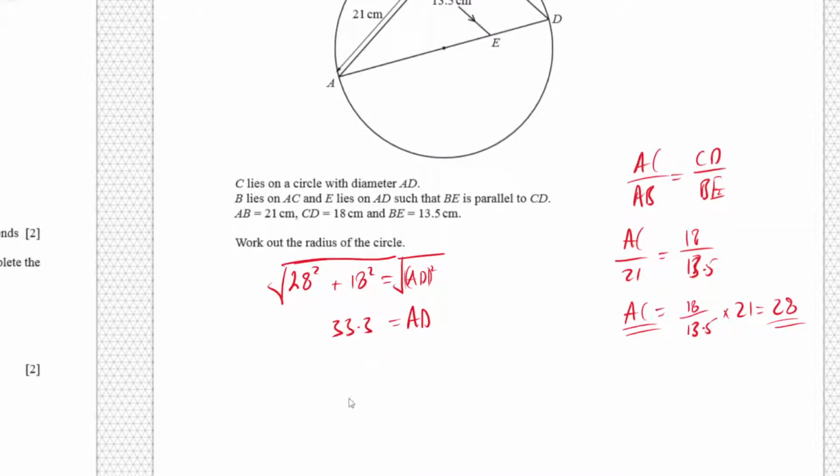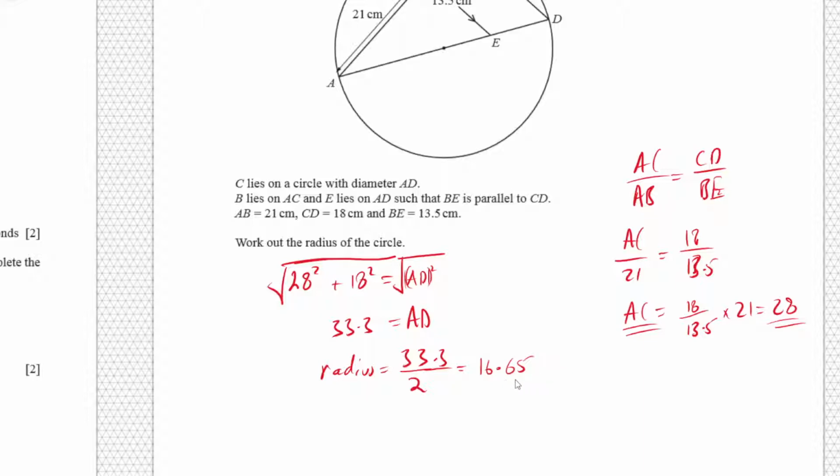AD is the diameter, so to find the radius, we're just going to divide that by 2. 33.3 divided by 2 gives us 16.65.